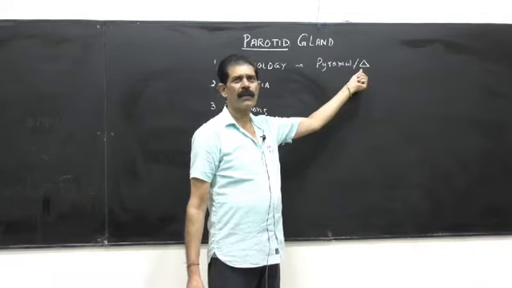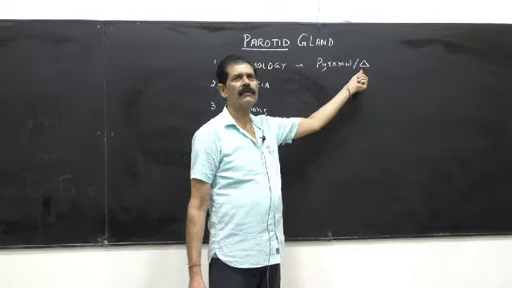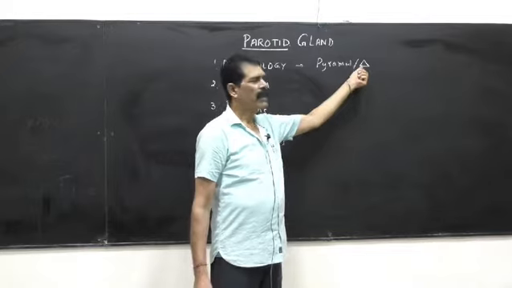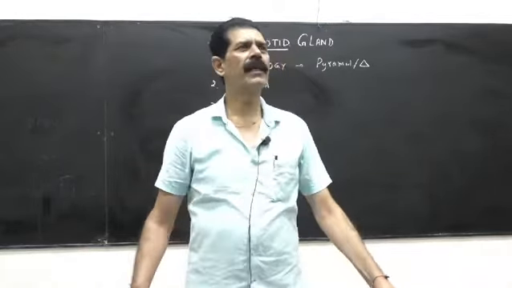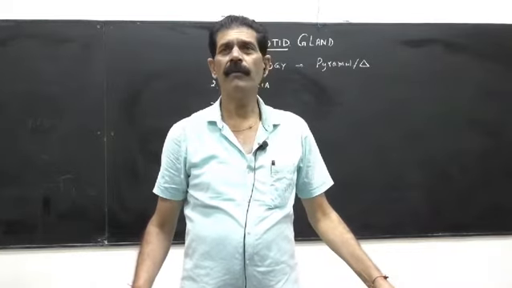Certain organs in the human body resemble the Egyptian pyramid, so we use the word pyramid in many forms. But it is an inverted pyramid. The apex lies downward and the base lies upward. That you have to see.